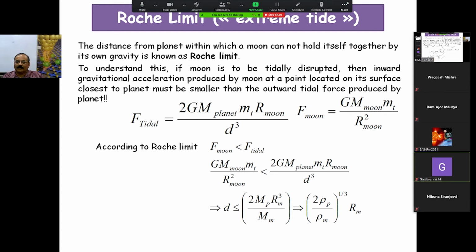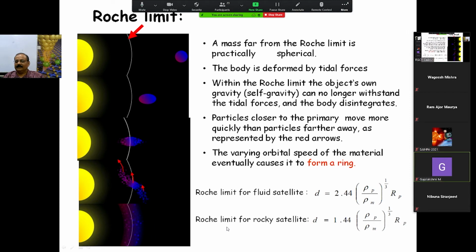So these calculations show how the Roche limit applies for the Earth-Moon system. You can see that if the force on the Moon is less than the tidal force, and this condition is satisfied, we will have this particular expression. And if an object comes inside this Roche limit, it fractures.